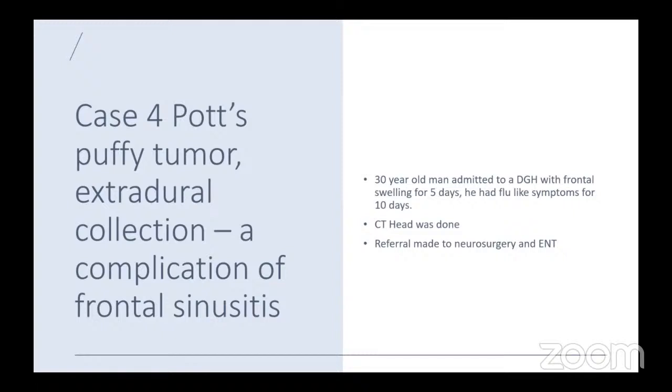Another complication of frontal sinusitis, a 30-year-old patient admitted to a District General Hospital with frontal swelling for 5 days. Prior to that, he had coryzal symptoms, and a CT head was carried out there, which did show a complication of frontal sinusitis. Urgent referral was made to neurosurgery and ENT, and he was transferred to our hospital.